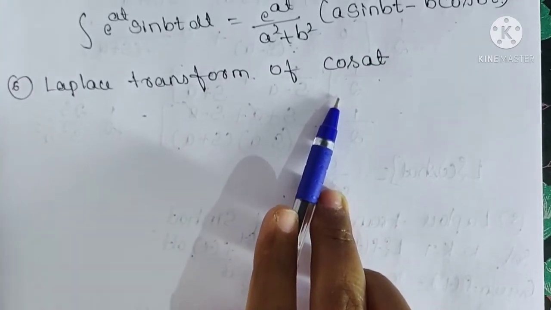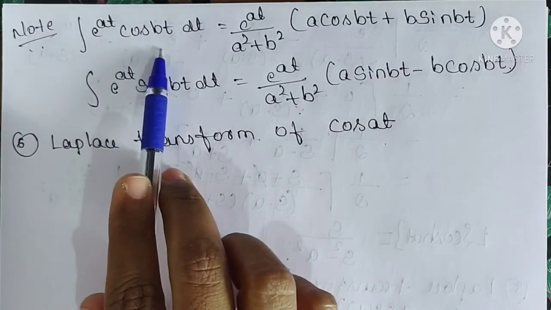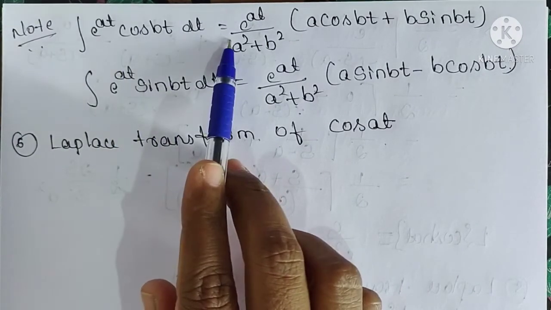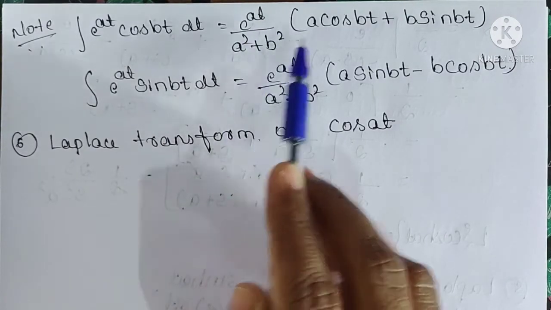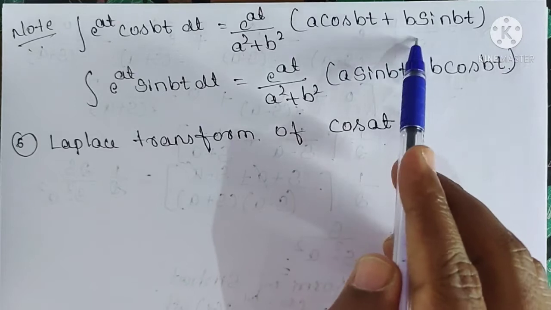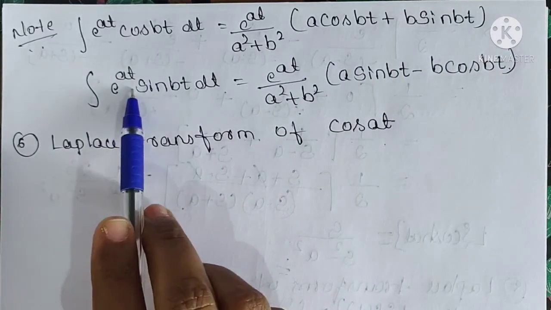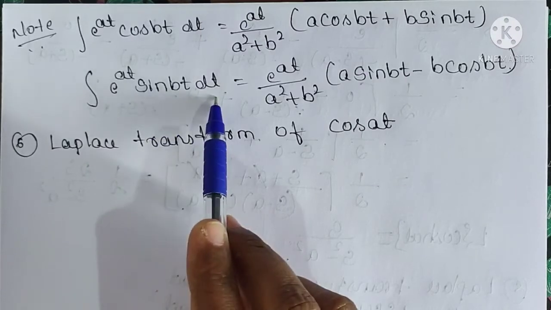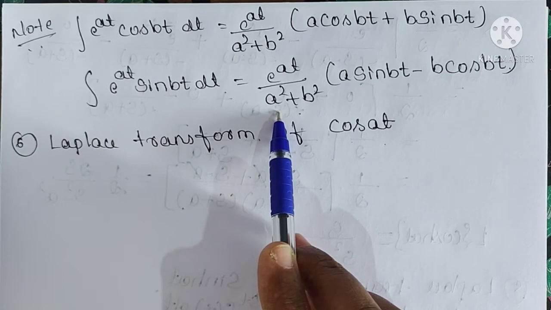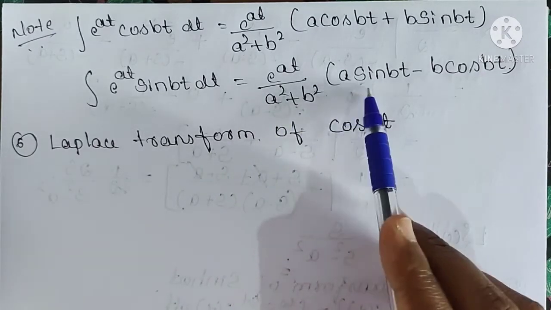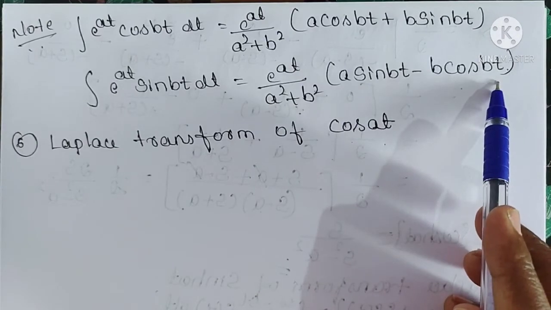Before that, we know that the integral of e^(at) cos(bt) dt is equal to e^(at) divided by (a^2 plus b^2) times (a cos(bt) plus b sin(bt)), and the integral of e^(at) sin(bt) dt is e^(at) divided by (a^2 plus b^2) into (a sin(bt) minus b cos(bt)).